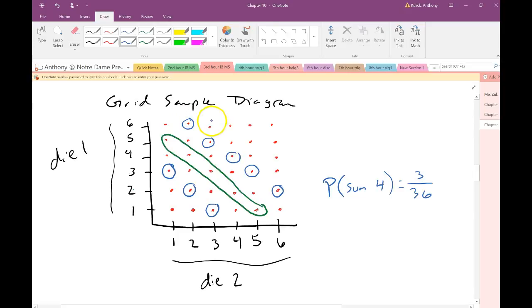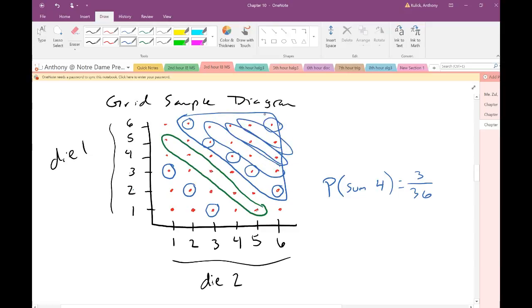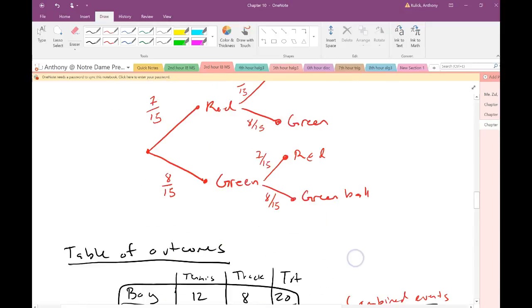But we could also have all of these spots, right? Because this is the 9 diagonal, the 10 diagonal, the 11 diagonal, the 12 diagonal. All of those are bigger than 8, correct? So how many total things do I got there? 5 plus 4 plus 3 plus 2 plus 1 is 15, I think.